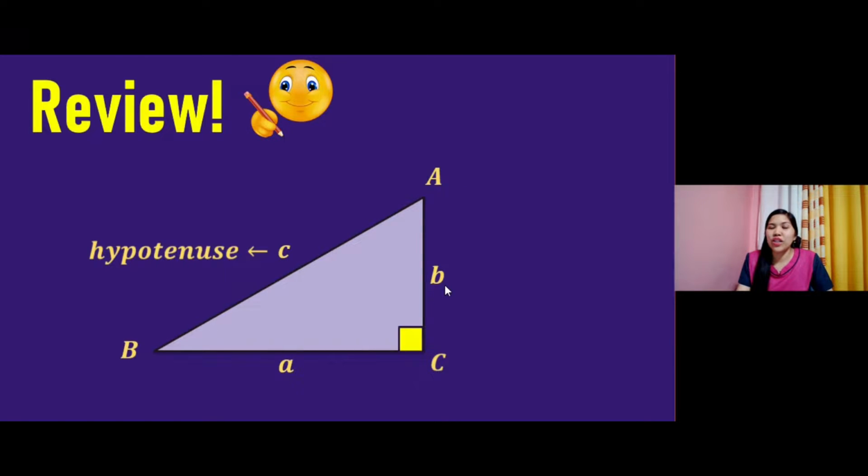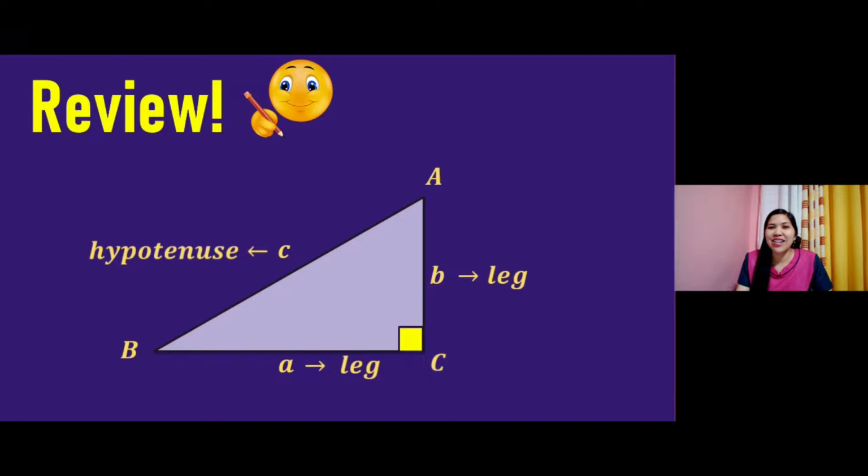These are called your legs. Now, this is what you're going to remember. In a right triangle, the longest side is always your hypotenuse, while the two remaining shorter sides could be your adjacent or opposite side depending upon your angle of reference.